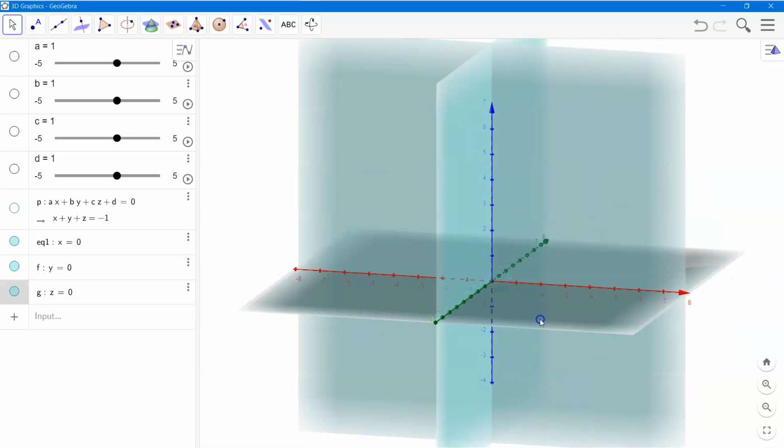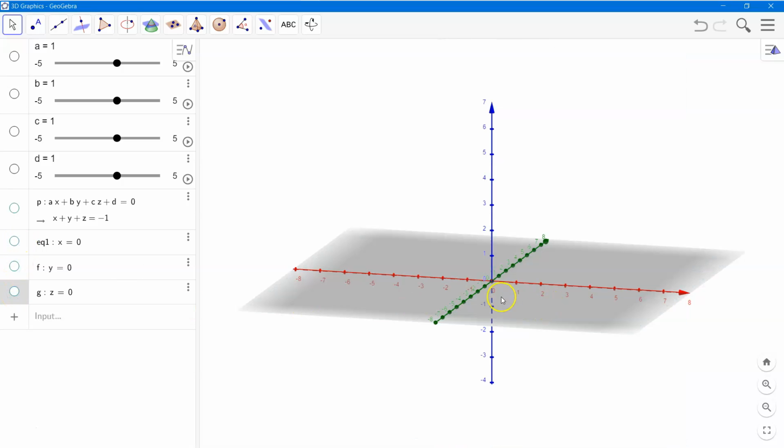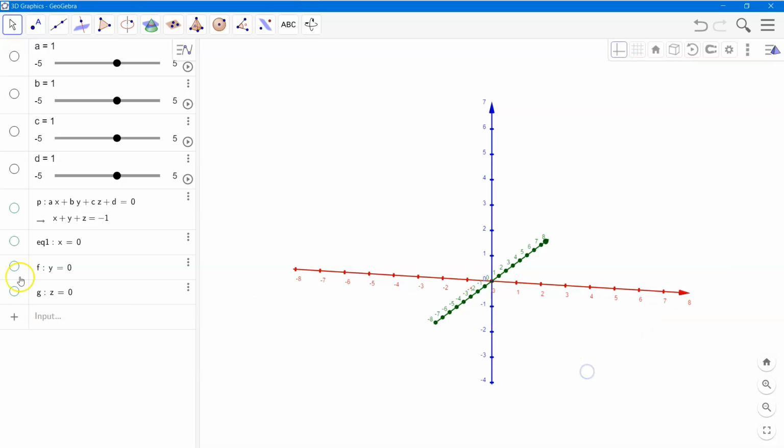Because we already have a plane, actually from the beginning of this series of videos, we have this XY plane always shown, just so that we can visualize the correct orientation. If we don't want that, we can ask it not to display it.